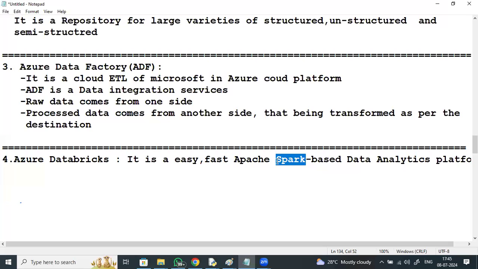Compared to other disk-based technologies, in Spark we have in-memory computation: data gets loaded into RAM and processed in RAM, at memory level. That's why it is very high speed compared with other technologies. It is 100 times faster than other disk processing technologies.